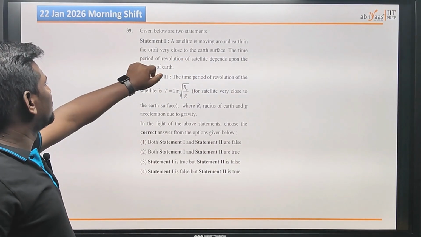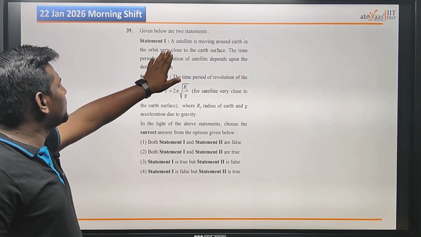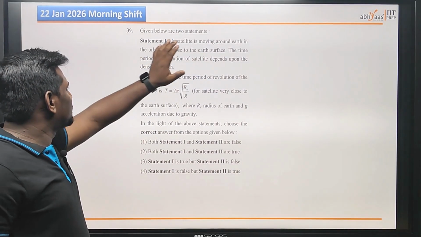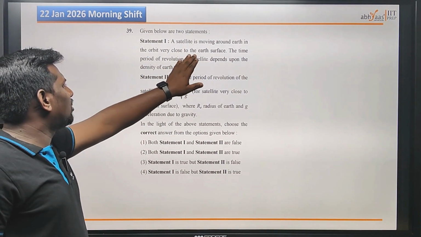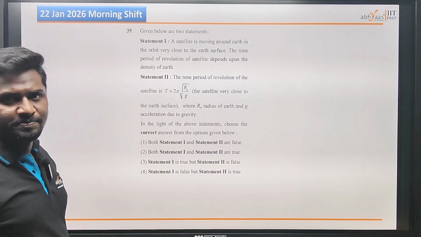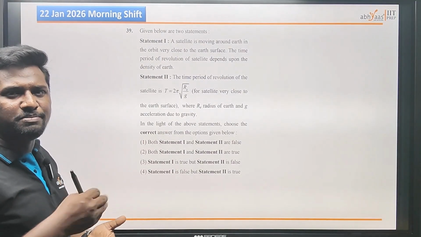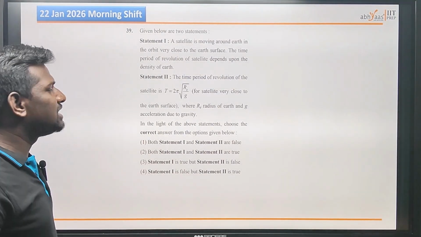Statement 1: the satellite is moving around Earth in an orbit very close to the Earth's surface. The time period of revolution of the satellite depends on the density of the Earth. So they are saying the time period of the satellite is depending on the density of the Earth.